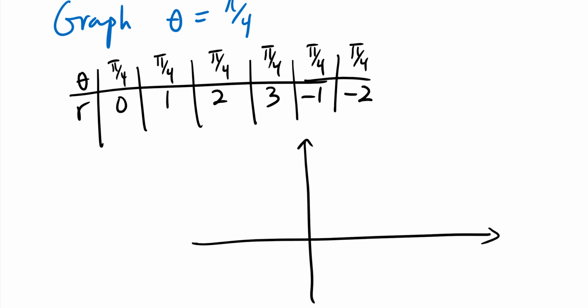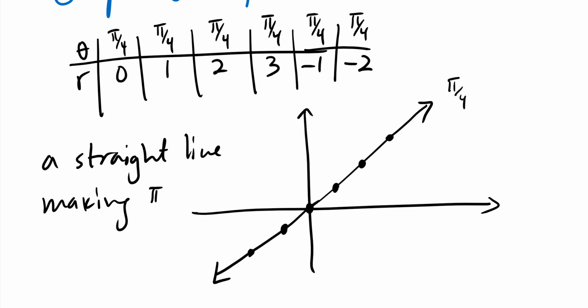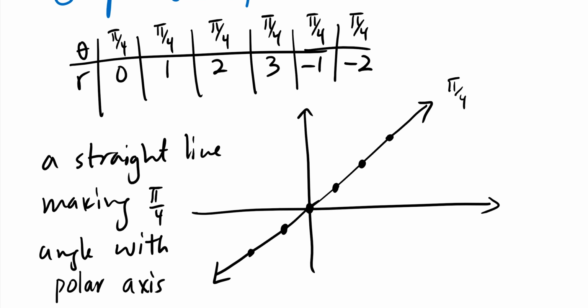Pi over 4, 0. This means angle pi over 4, that's the positive axis, and 0 is just there. Pi over 4, 1 is here. Pi over 4, 2 is here. Pi over 4, 3. For negative 1, you have to extend it the other way. Negative 1 here, negative 2 there. So what do we get? We get a straight line making a pi over 4 angle with the polar axis.